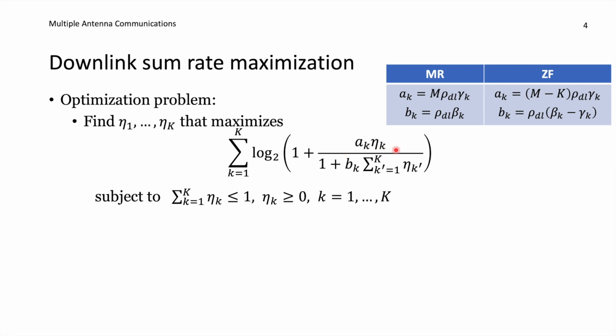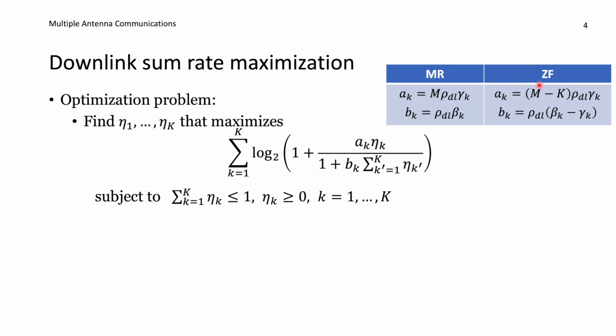So this is the signal term for user k. And if you are using maximum ratio precoding, a_k is the number of antennas times the maximum downlink power times gamma_k, which is the estimation quality of the channel to this user.